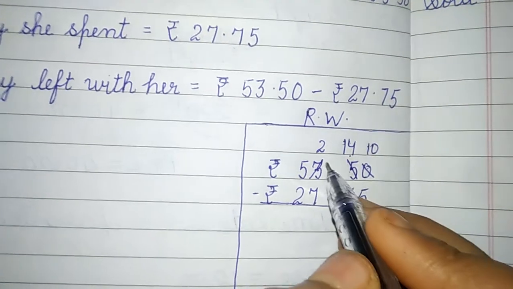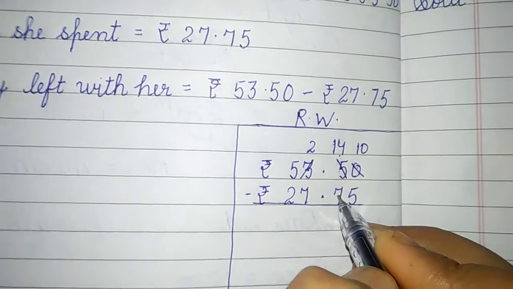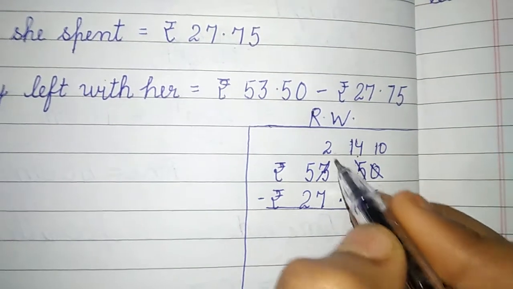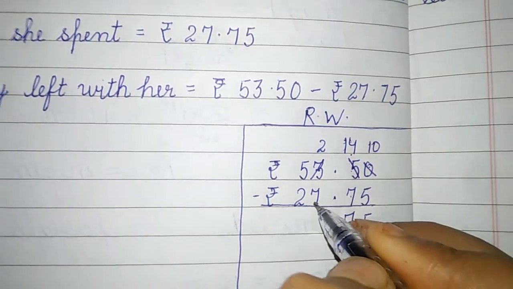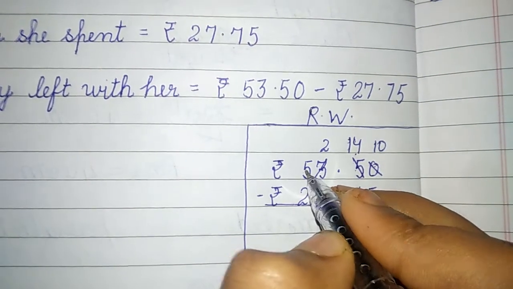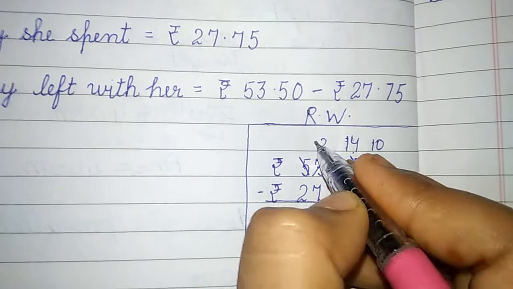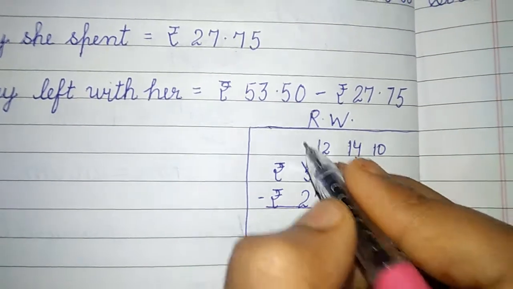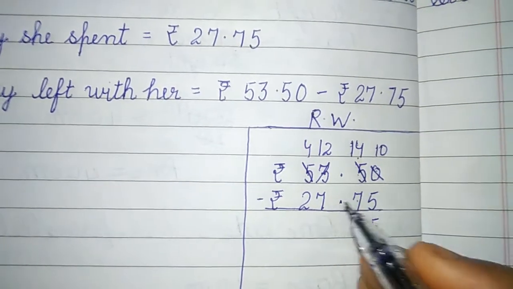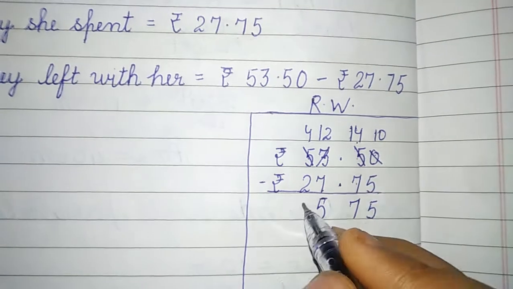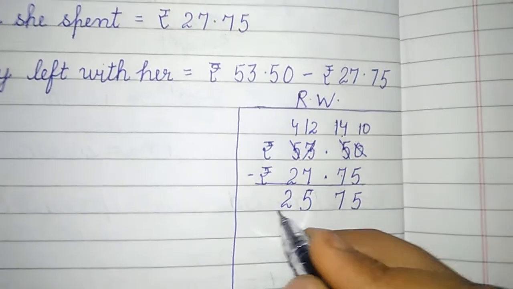So 14 minus 7 is 7. Next, here is 2. 2 cannot cut 7. It will borrow from 5. 5 gave 1, so 2 became 12 and 5 became 4. So 12 minus 7 is 5 and 4 minus 2 is 2. Clear?